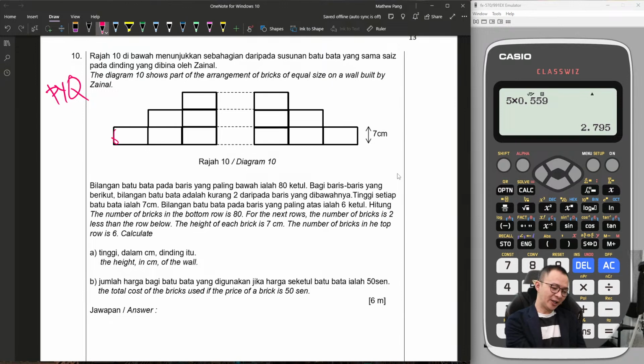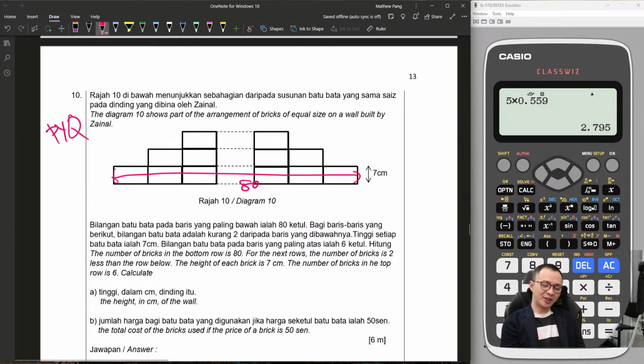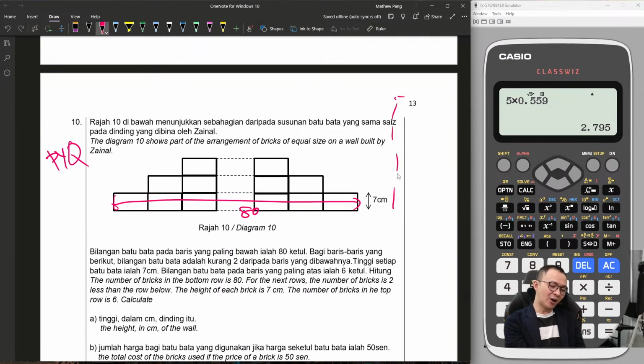So at the bottom we should have 80 of them. For the next row, the number of bricks is 2 less than the row below. The height of each brick is 7 centimeters. Keep on going until the top, you only have 6 of them on the top.